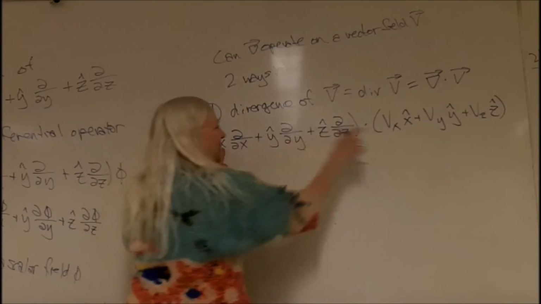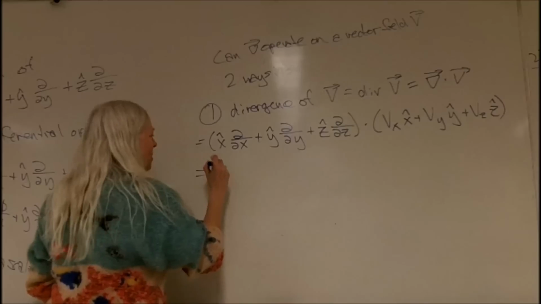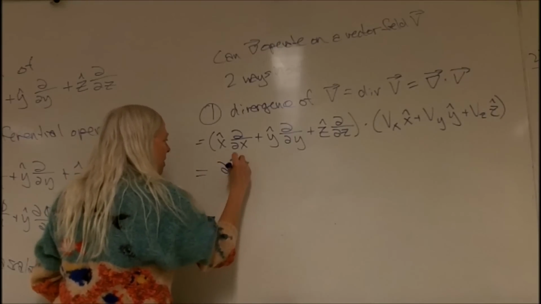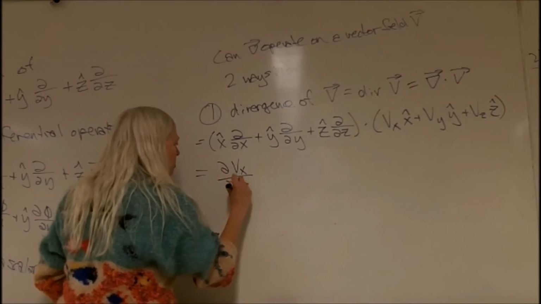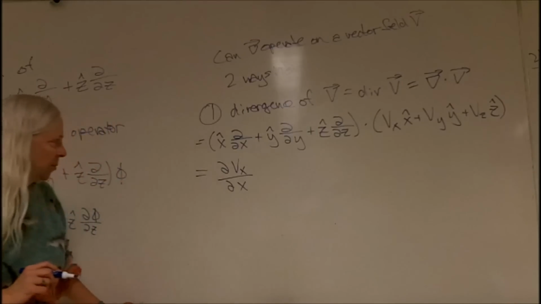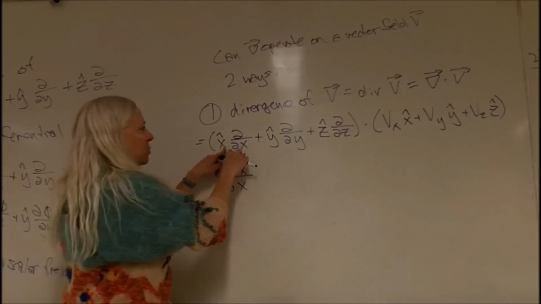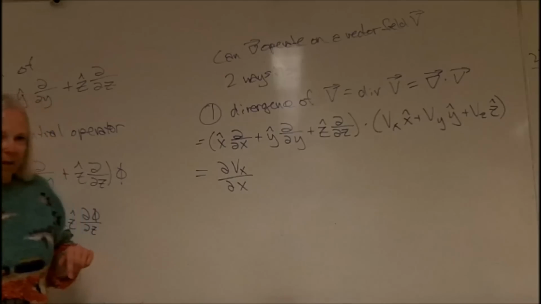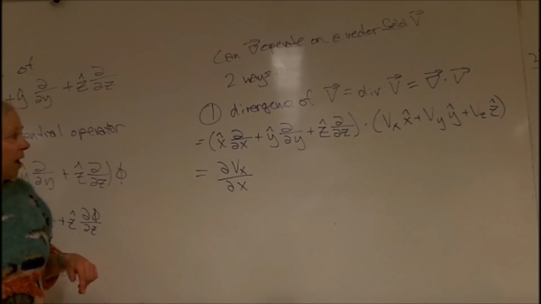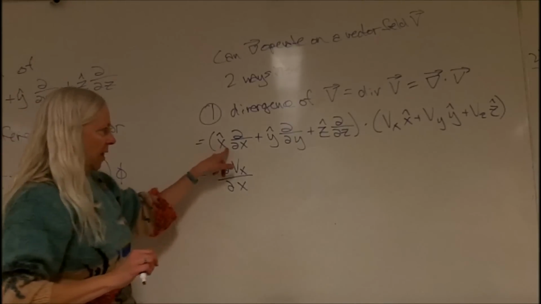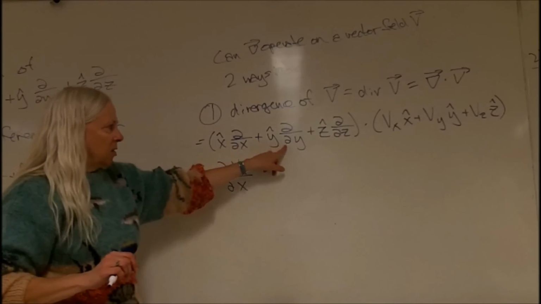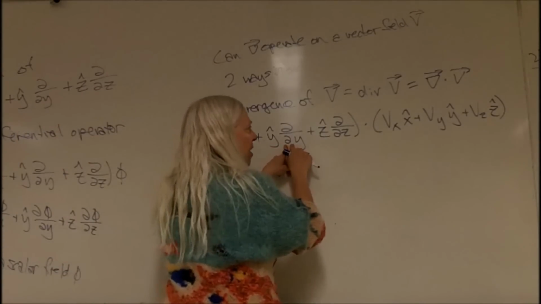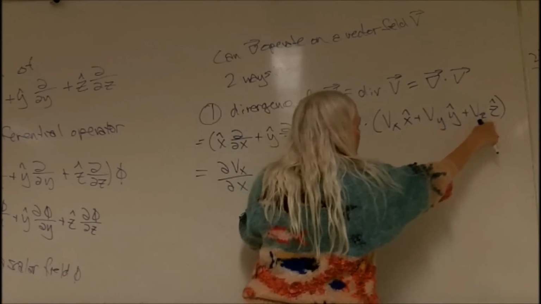So this has to operate on whatever it's going to come together with. When I dot together those two x components, it's going to give me the partial derivative of v sub x with respect to x. Of course, when I dot it into the y hat or the z hat terms, it gives me 0 because x hat is perpendicular to y hat and z hat. So that's all I get from this term. Now this term, again, I could distribute it. I could dot it into this or this or this.